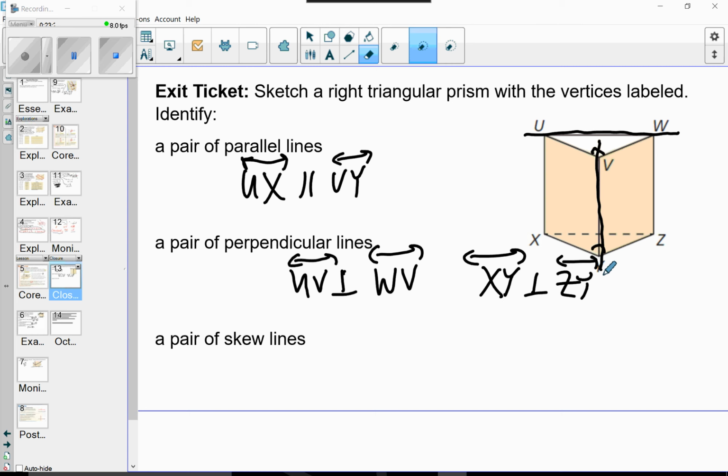I also could do UW with XY. That's the one I did. UW is skew with XY. You also could do UW and ZY as well. So different options on that last one.